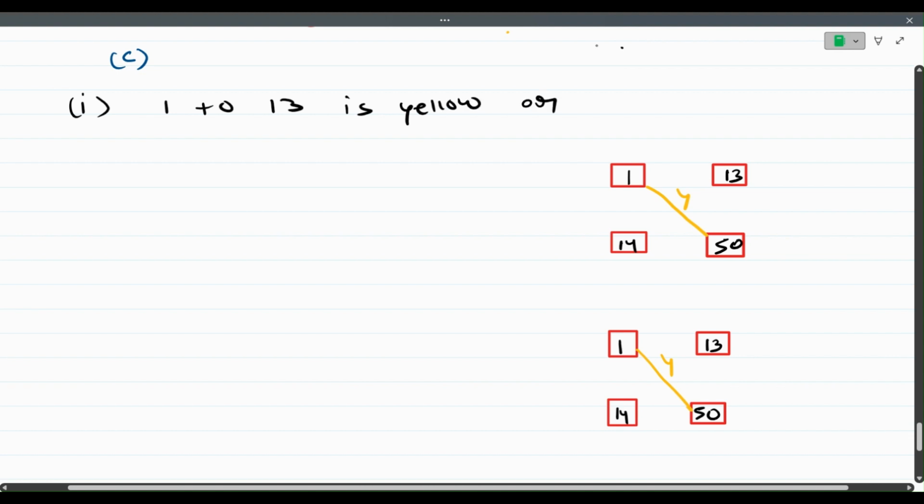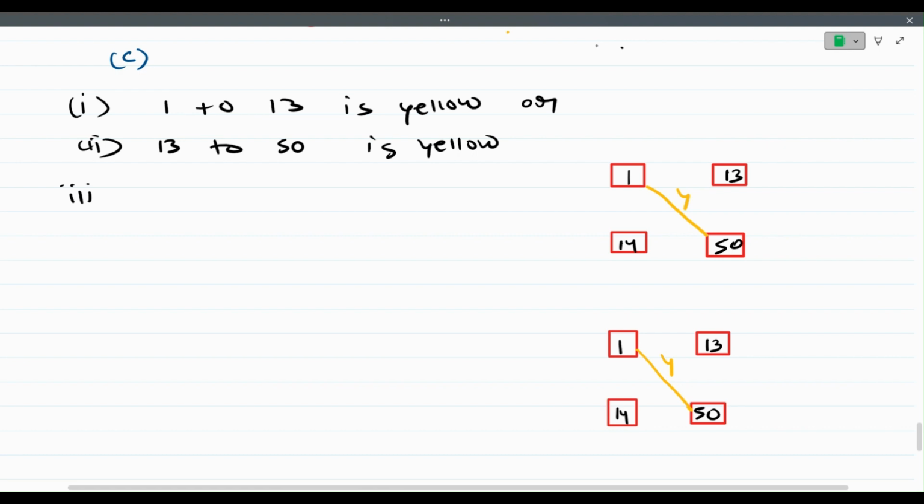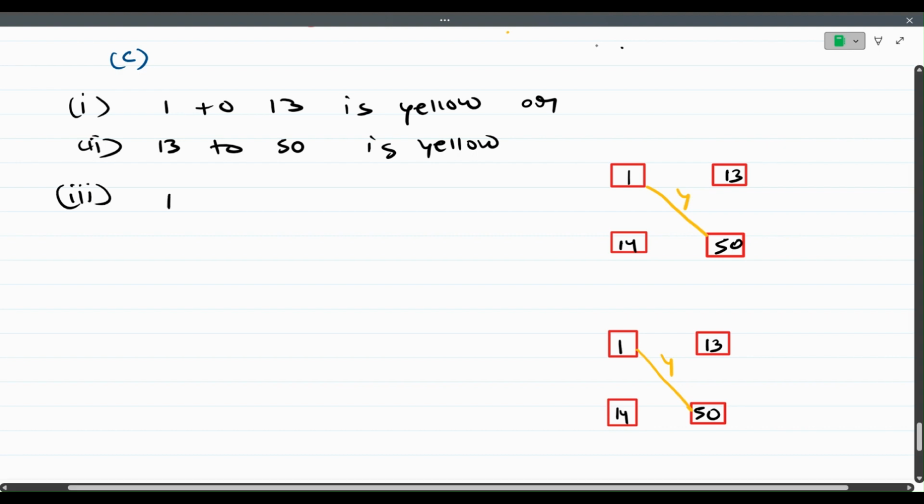Condition number two, the cord connecting from 13 to 50 is yellow. Or we can say, condition number three, the cord connecting from 1 to 14 is yellow, or condition number four, 14 to 50 is yellow.